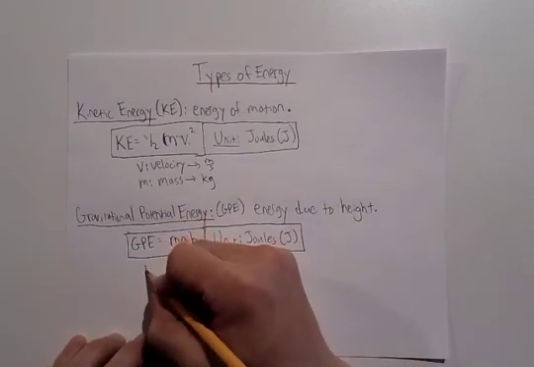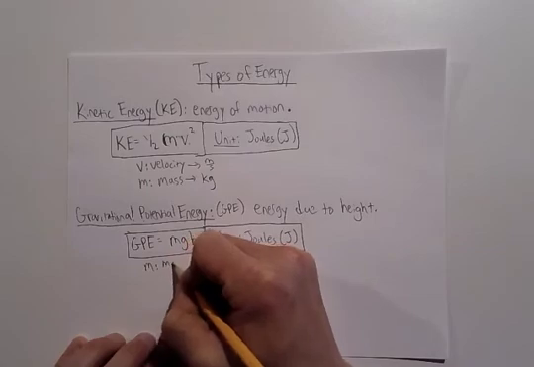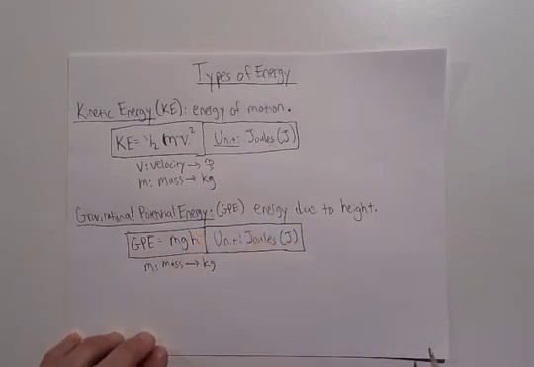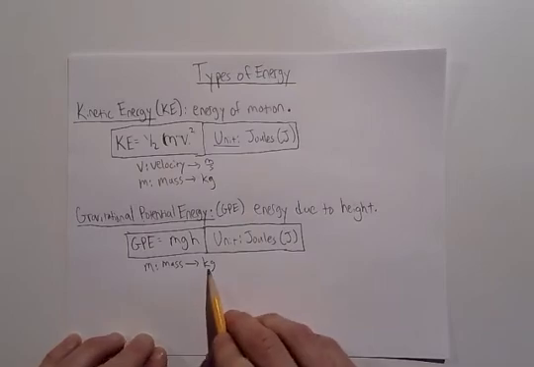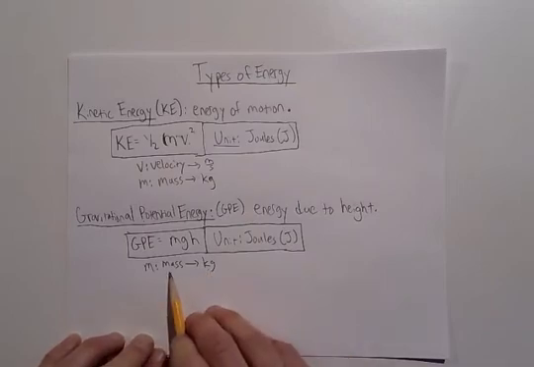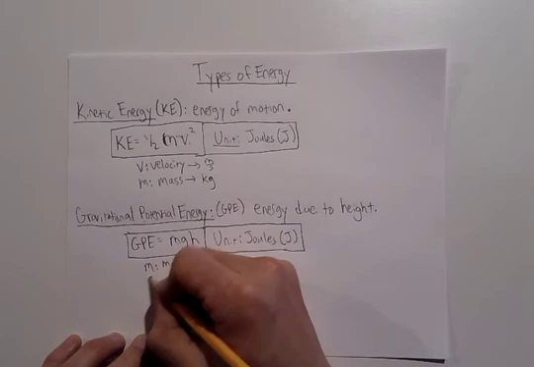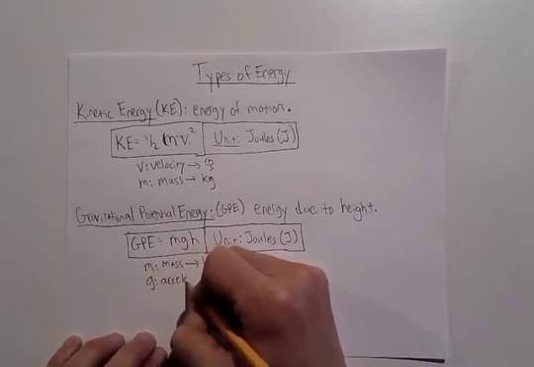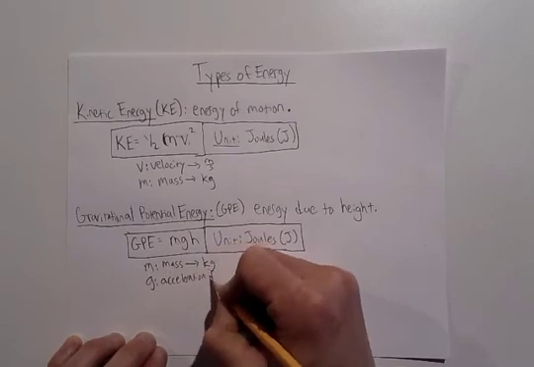Now, like last time, let's just write down M stands for mass in this formula. So if you see kilograms in your word problems, that's a mass. It's plugged in for M. G, that's the acceleration from gravity, or due to gravity.